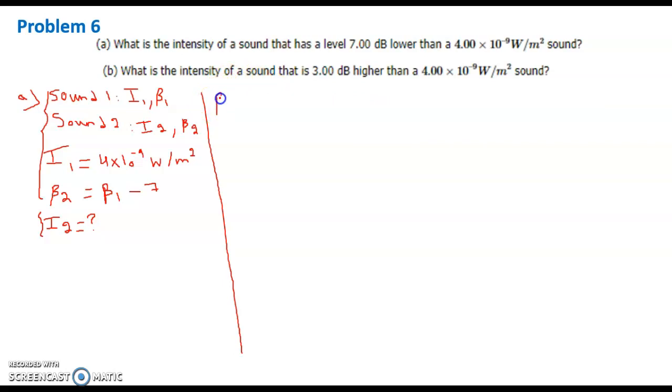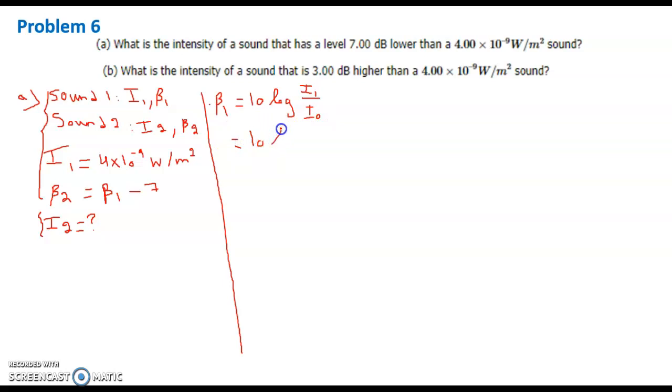So beta 1 is 10 log I1 over I naught, and again I naught is the threshold of hearing in air, so this is known to be 10 power minus 12 watt per meter squared.